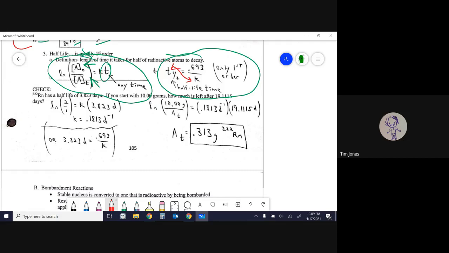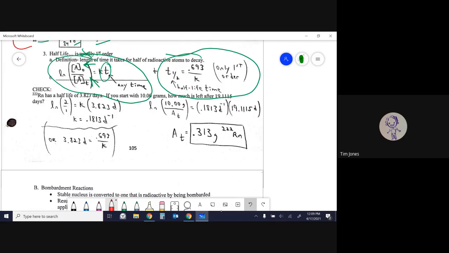So be careful. This shortcut equation, T1/2 is the half-life time only. Whereas over here, this T can be any amount of time, whether it's the half-life or something else.